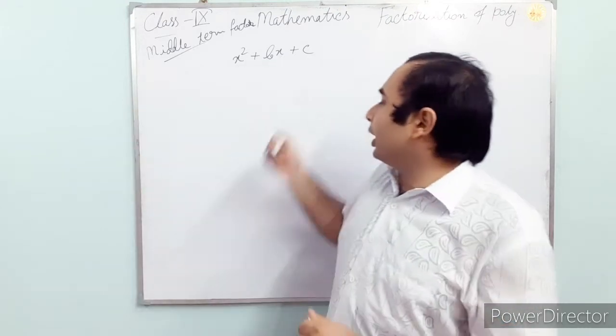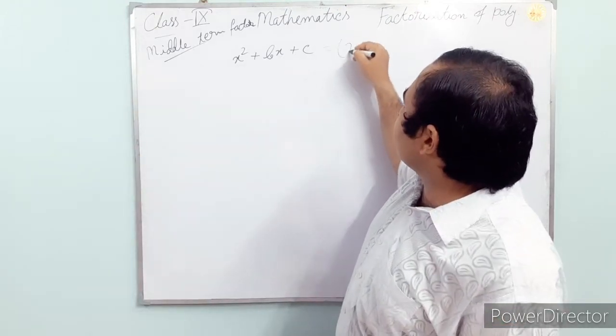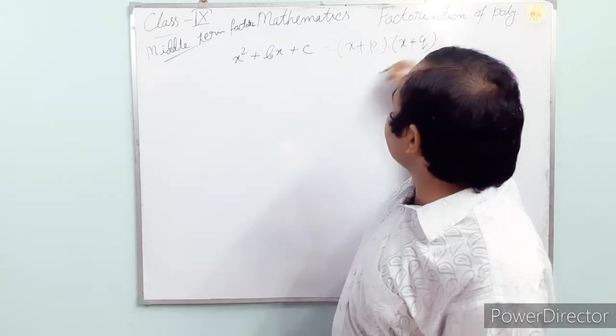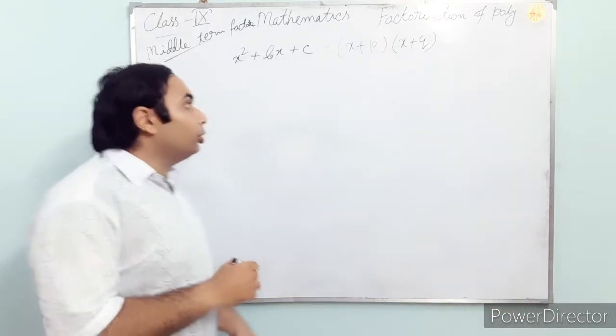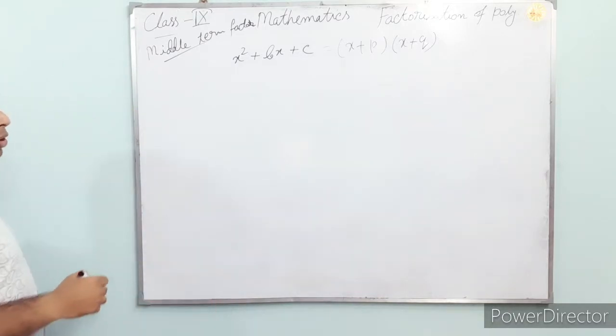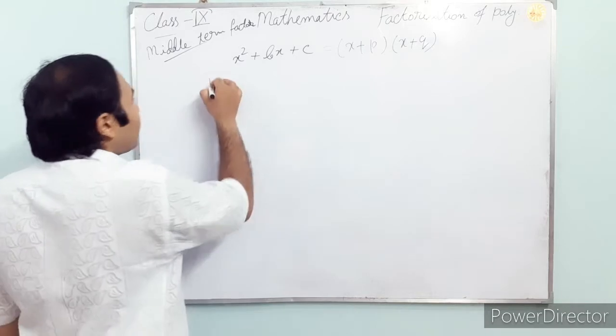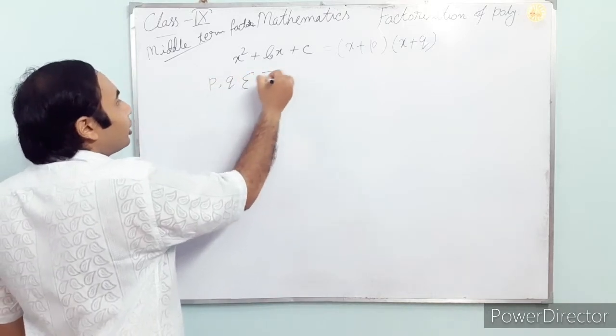That means you have to express this in the form of (x plus p) into (x plus q), where p and q are two integers.